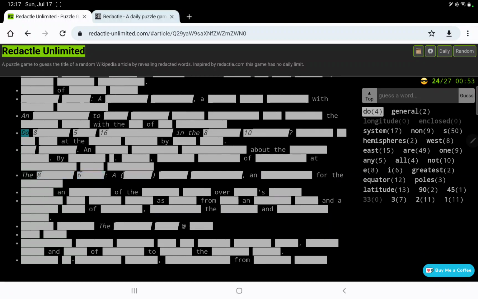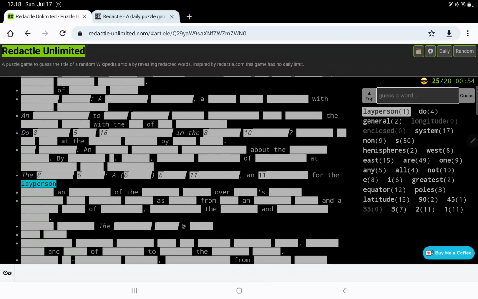And then we have down here the 8, a something 6. I was thinking an introduction, but that's 12 letters for the 9. That could be layperson. Oh, that's a good one. Doesn't help me, of course, but always nice to guess a word.